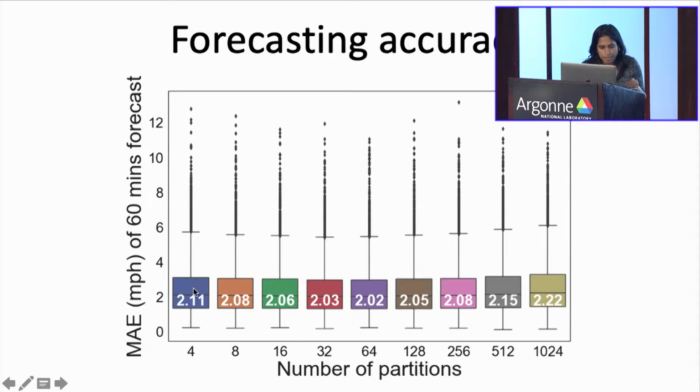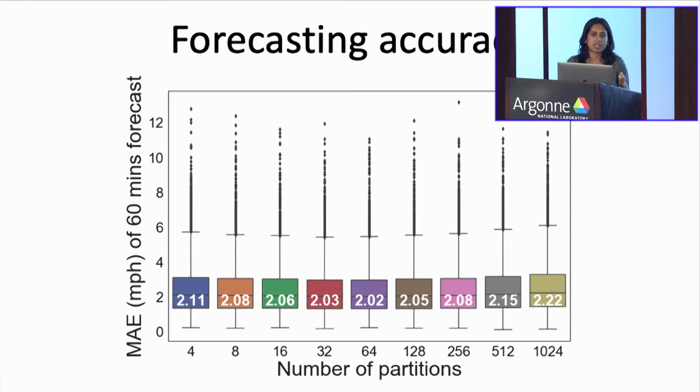The error has been reduced from 4 to 8 and 8 to 64, and 64 is the optimal partition, and then it started increasing because the spatially correlated partitions have been separated into different partitions.